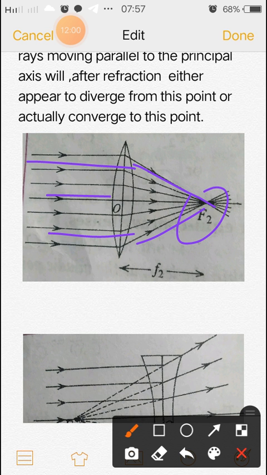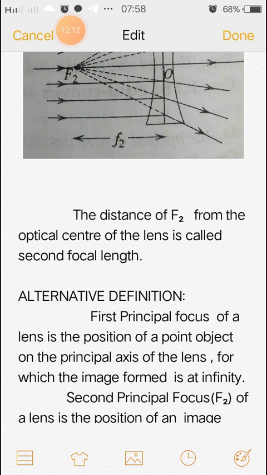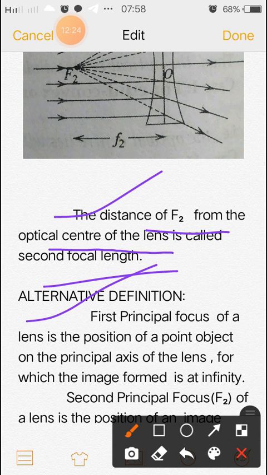This is called the second principal focus F2, and the distance OF2 is called the second principal focal length. This is the alternative definition of the first and second principal focal lengths.